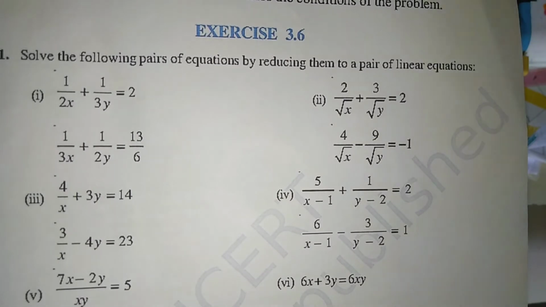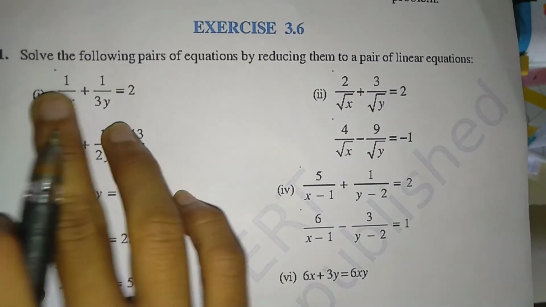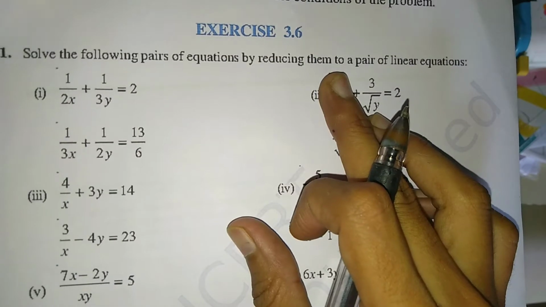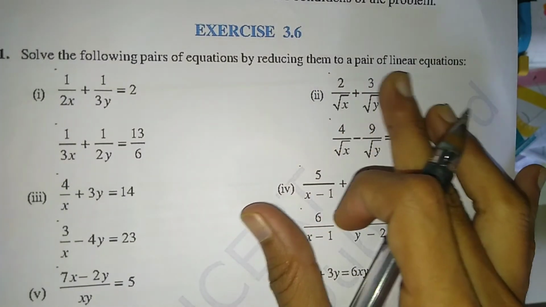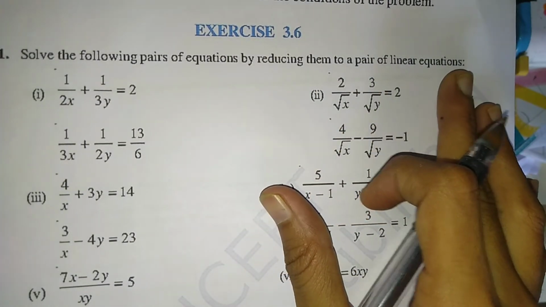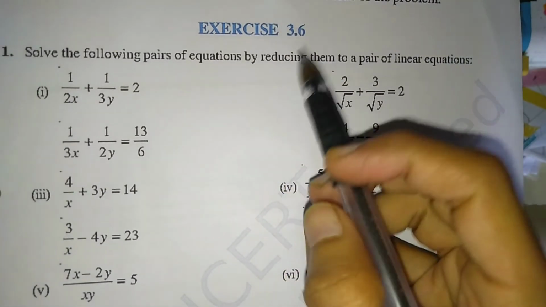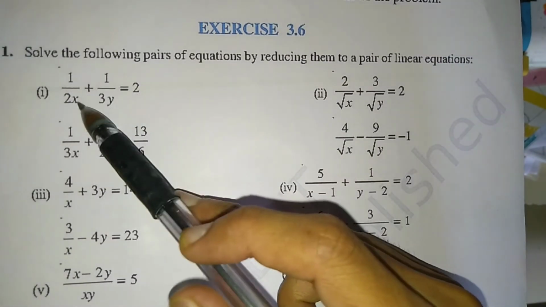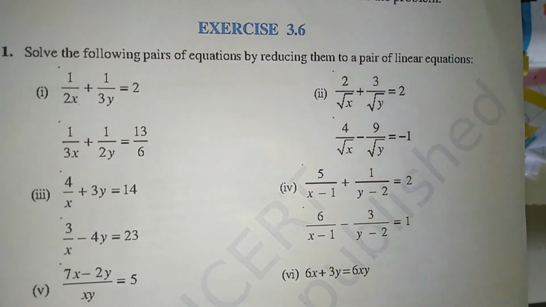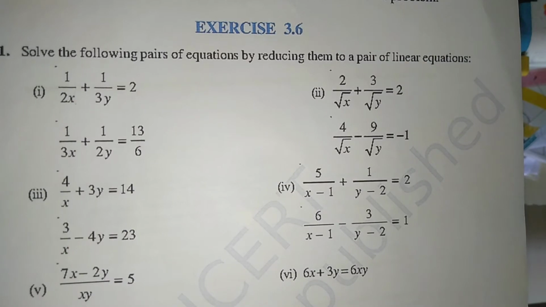Now we will do exercise 3.6. Question number 1. Solve the following pair of equations by reducing them to a pair of linear equations. Now this one we have to do with the reducing method. First we will take 1 upon x and 1 upon y common and suppose a and b.